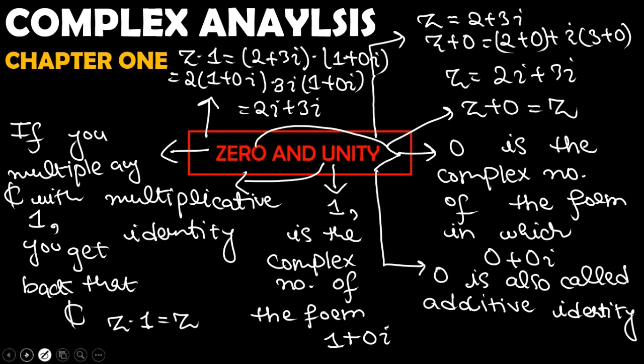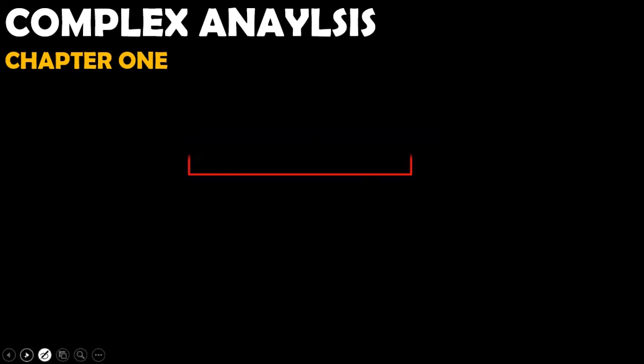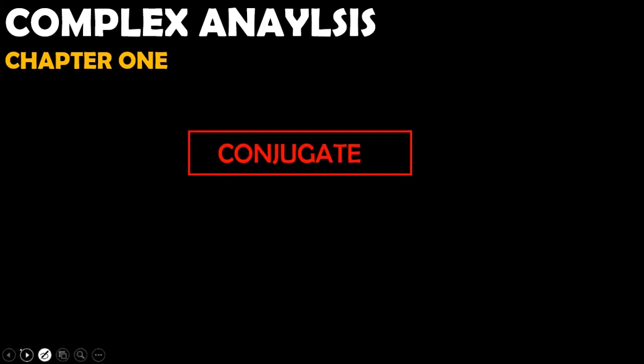Okay, our next topic is the conjugate of complex numbers. This is a very important and very interesting concept in complex numbers, and not very difficult. The conjugate of a complex number is denoted by Z bar.